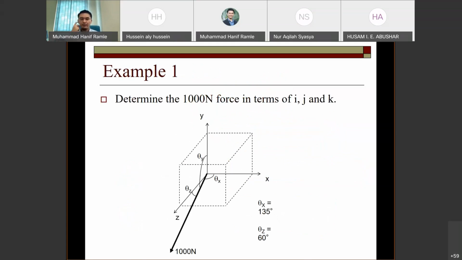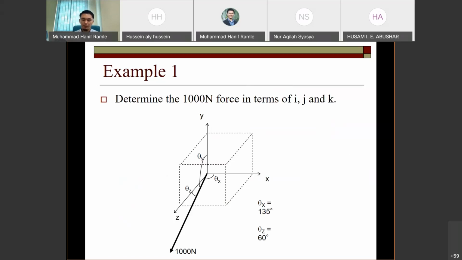So this is the example for the first angle method. In the figure there are three angles: theta x, theta y, and theta z. There is only one force acting on the system, which is 1000 Newton. The question asks you to determine the 1000 Newton force in terms of i, j, and k.